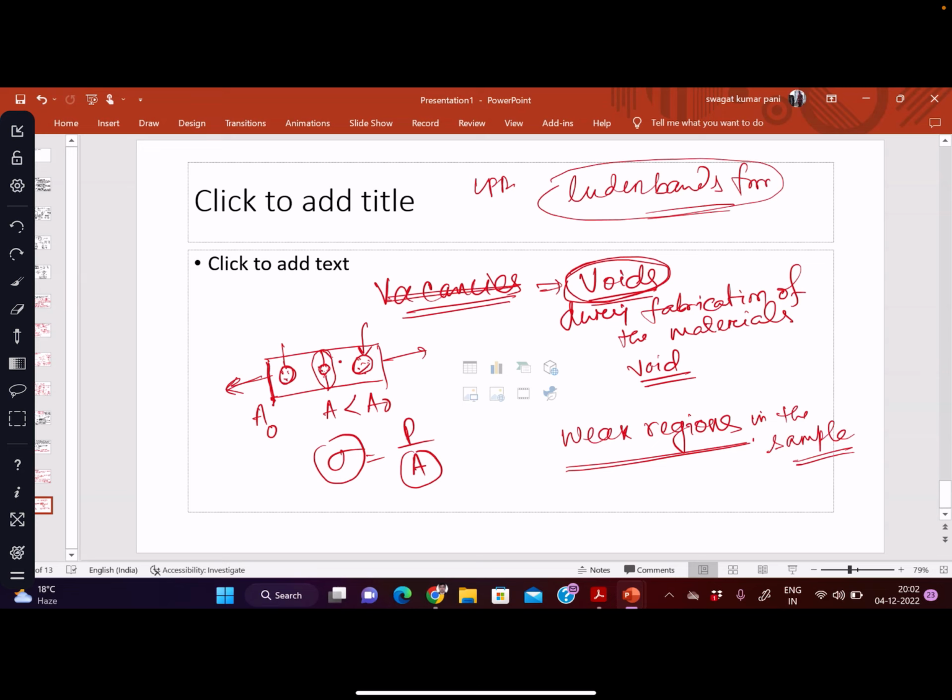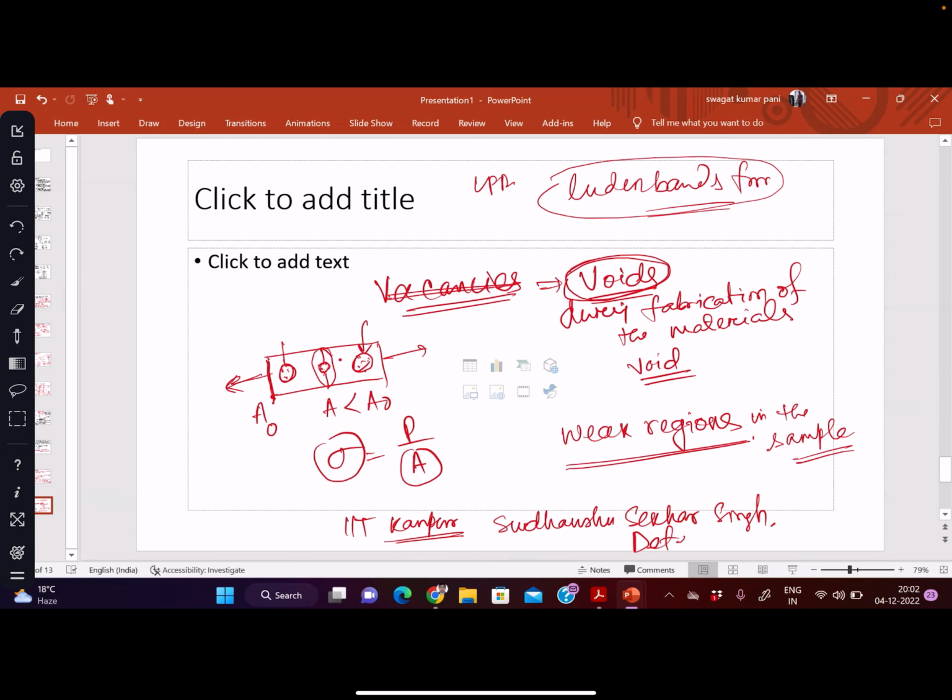If you want to see the details, if you want to read properly, there is a video series from IIT Kanpur by Sudhanshu Shekhar Singh. For GATE, I don't think that much is required, but if you want, you can watch. The course name is Defects in Crystalline Solids. All the dislocations, vacancies, this yield point phenomenon, everything is explained properly there. You can watch.